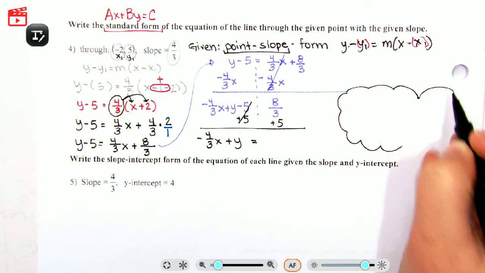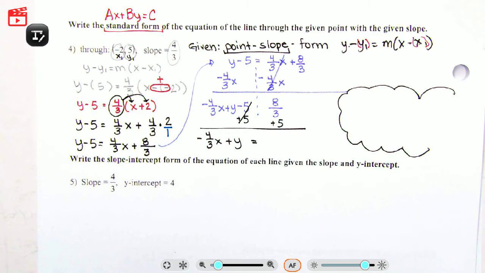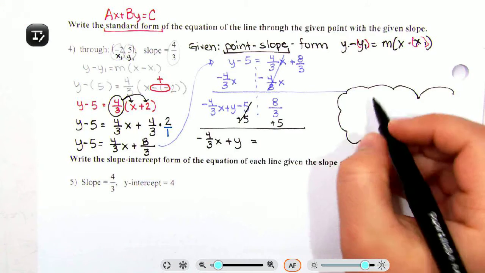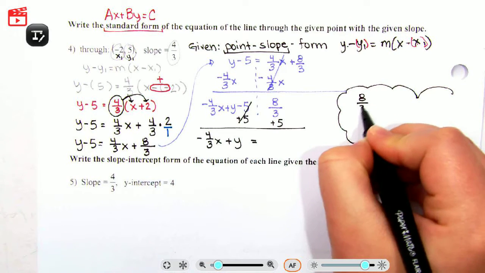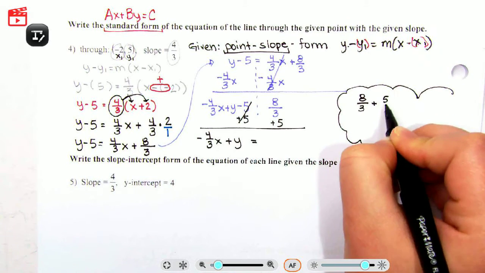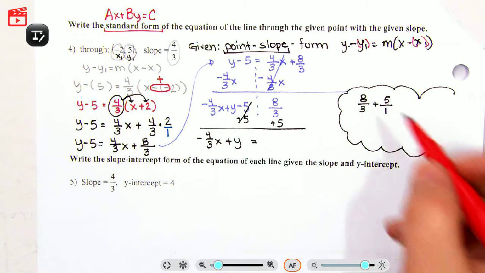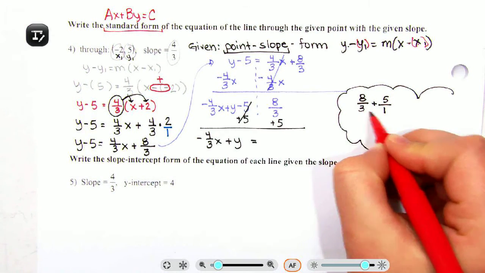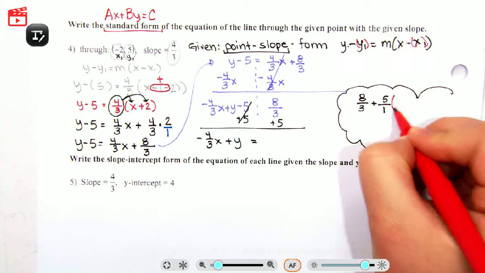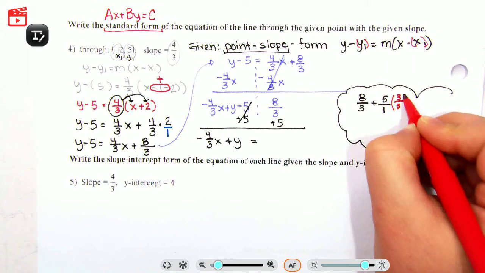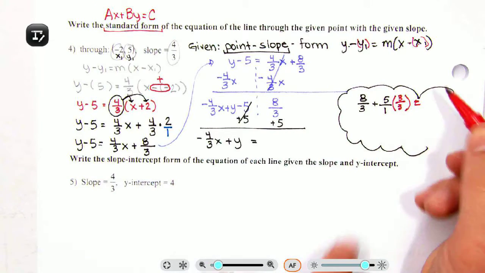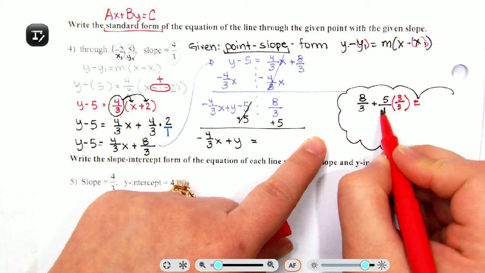Whenever you are adding or subtracting fractions, you must have common denominators. So 8/3 plus 5. We're going to put that 1 underneath. Do you notice how there's a 3 here and a 1 here? We're going to make those the same. So I don't want to change the 3, but I know I can change the 1, and I'm going to multiply top and bottom by 3, because when I do that, my 5 gets that 3 on the bottom.